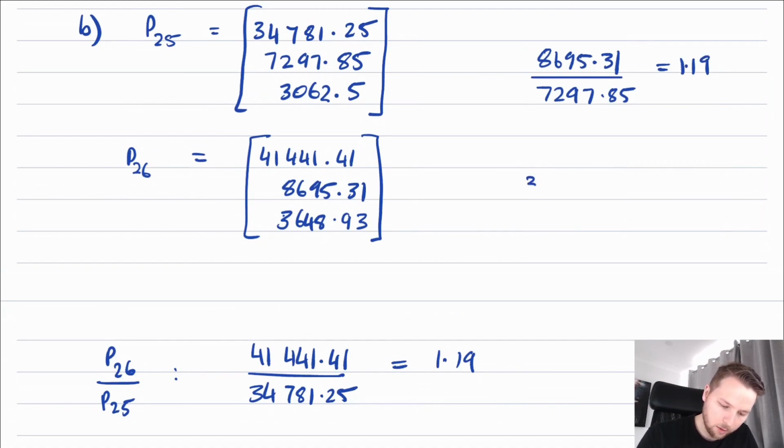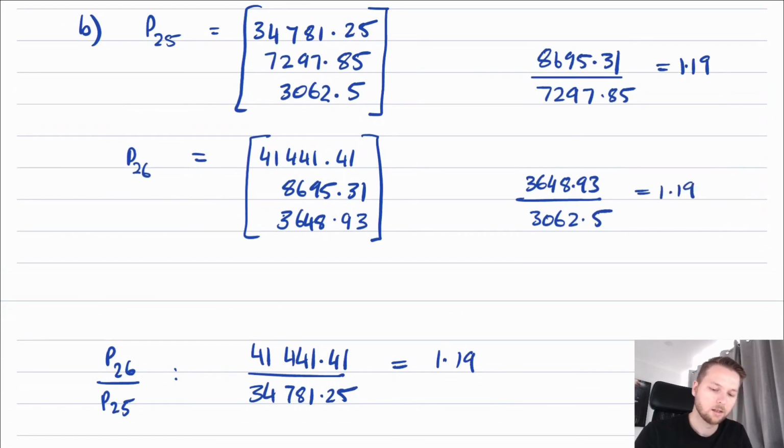And then lastly, we've got 3648.93 divided by 3062.5. Let's check this one out. And that gives us, again, 1.19. So this reveals to me that the age proportions have stabilized over the 25th time period, and the long-term growth rate of the entire female population is 1.19.